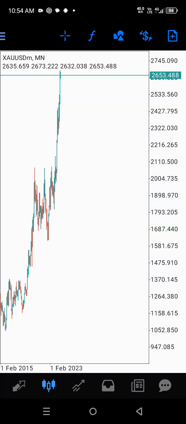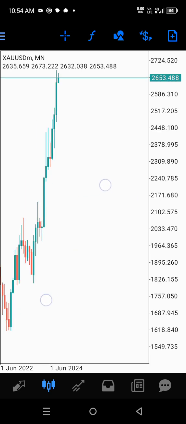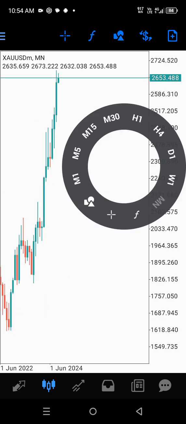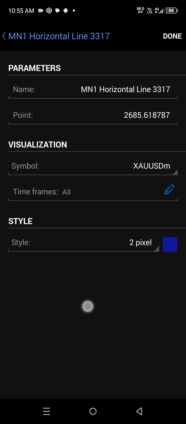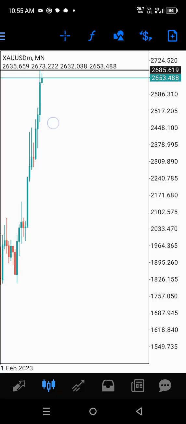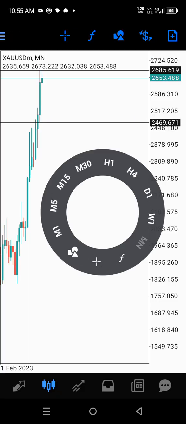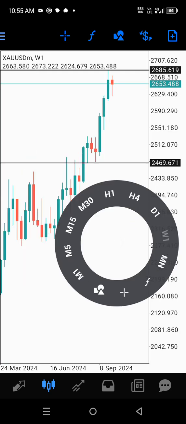Good day, everyone. So let's quickly run small updates on gold, the weekly analysis. Let's see if we can see something tangible on gold. Gold has been rallying, and the third quarter of the candle just closed last month, which was September.